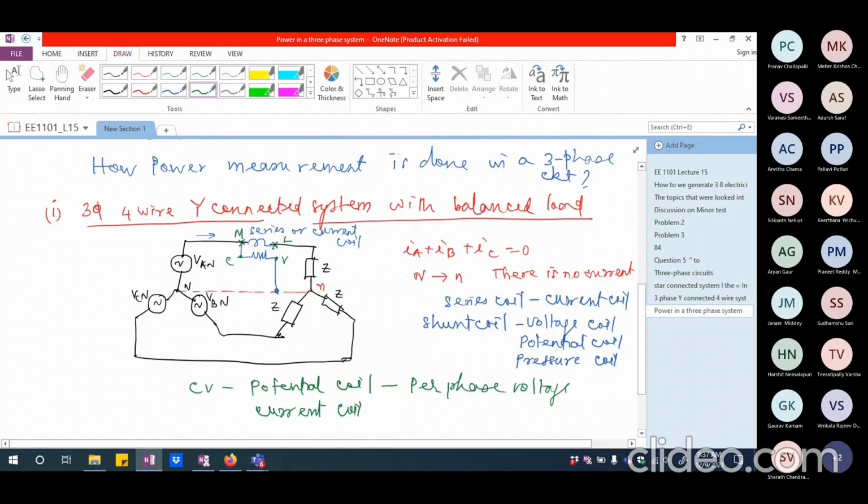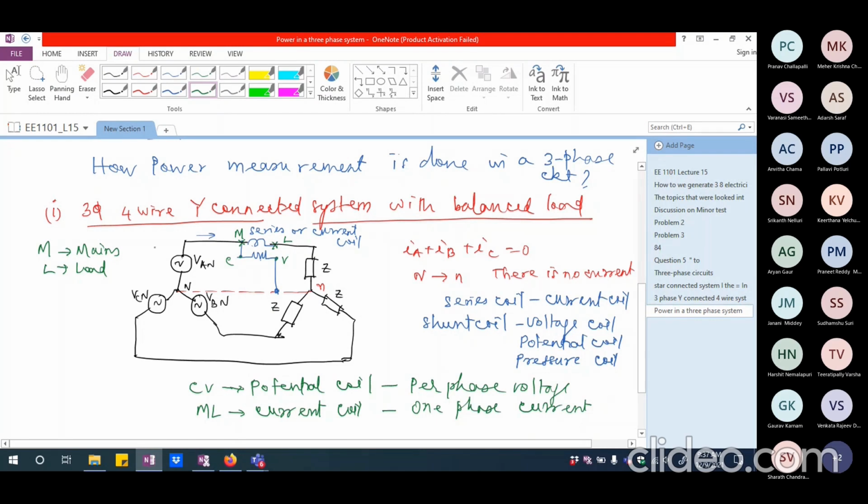So generally, if you look at the wattmeter, you will see four terminals, M, L, C and V. Any wattmeter will have M, which is actually going to the mains, L, which goes to the load. So these are the two terminals of the current coil. So ML are the terminals of the current coil. This will carry one phase current. Okay.